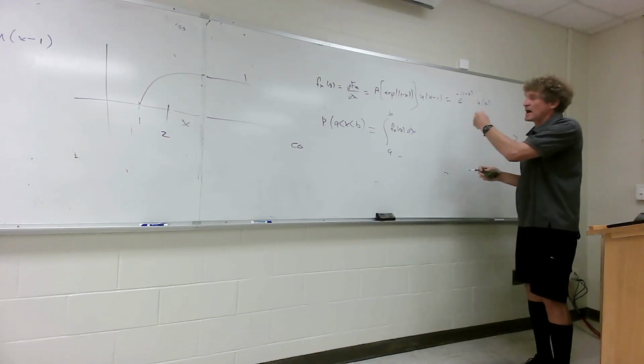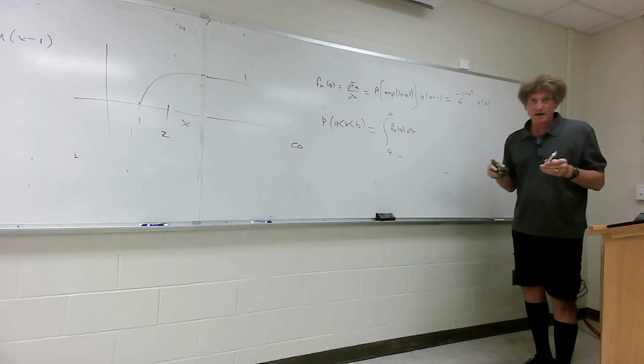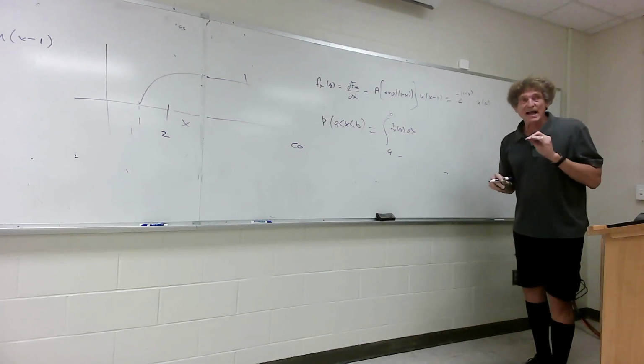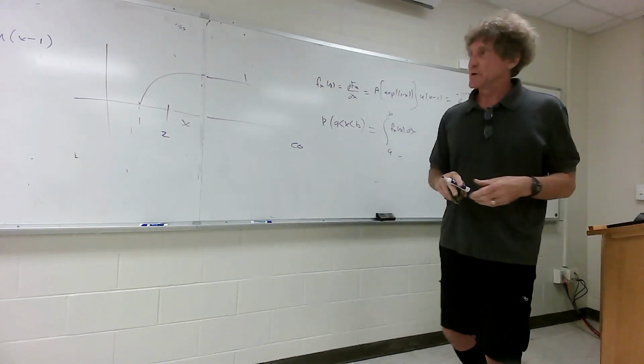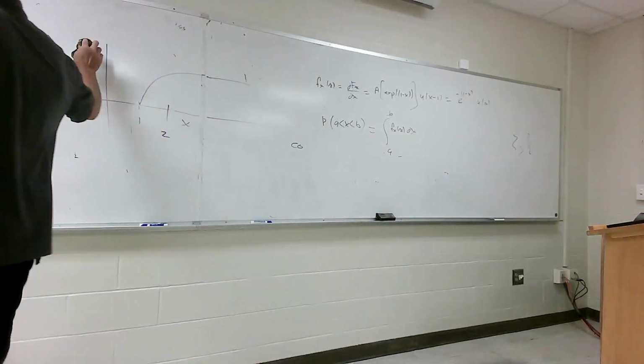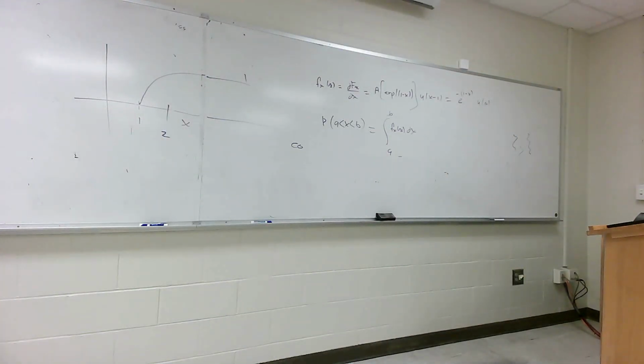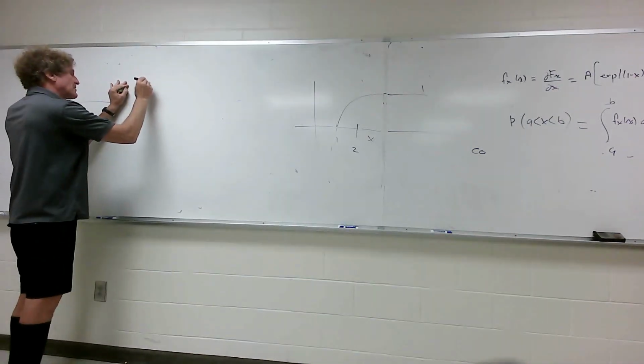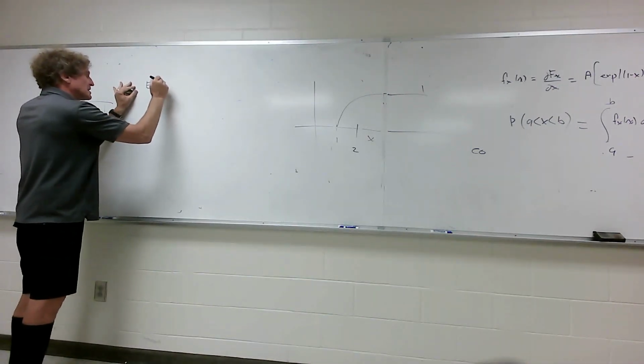A couple of things. If I wanted to find the average value of x, how would you do it? I'm going to do it right here. We don't have to go through the math completely on this, but you'll see it becomes very obvious. So what is the expected value of x?